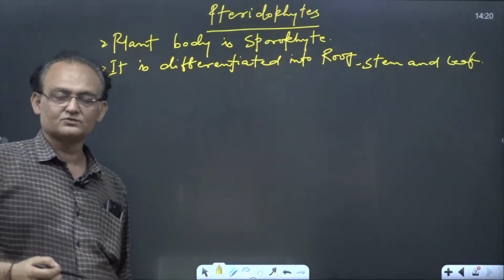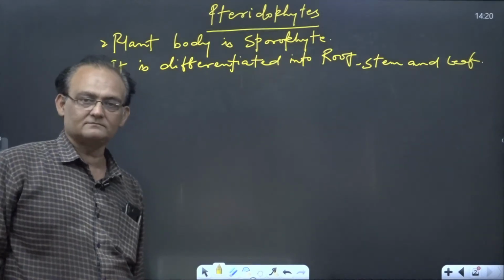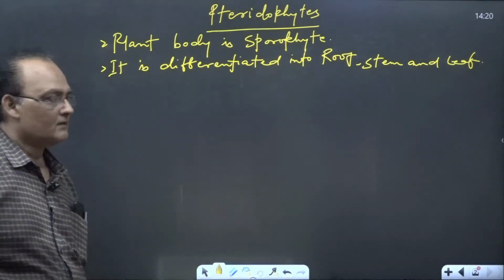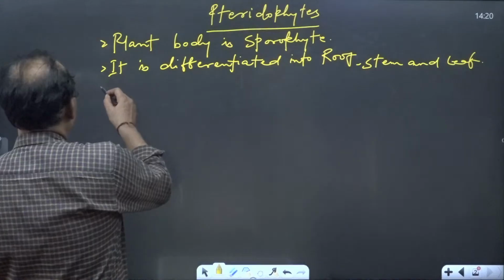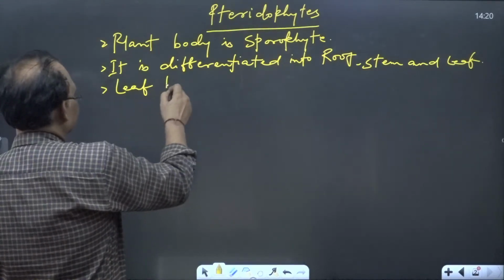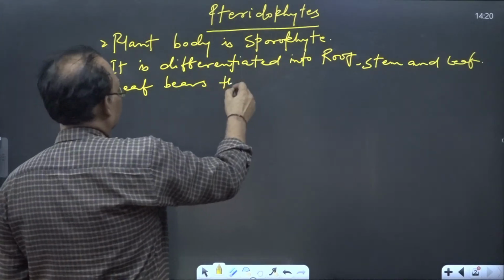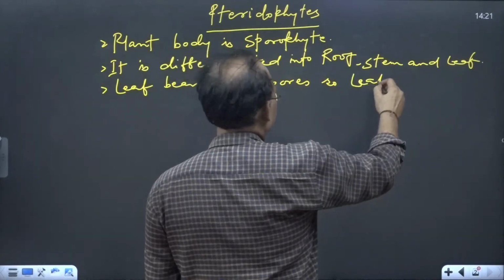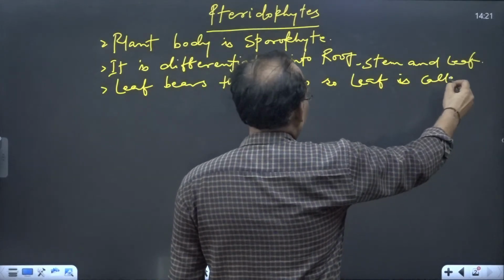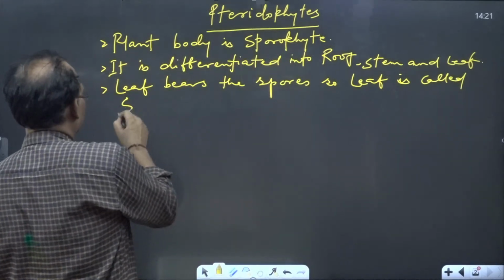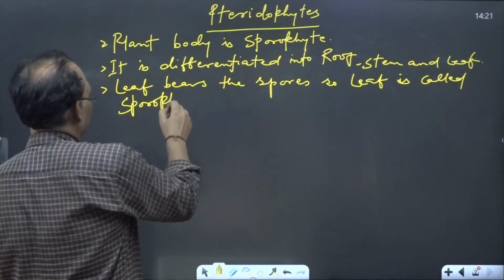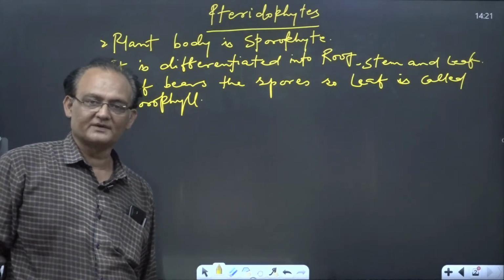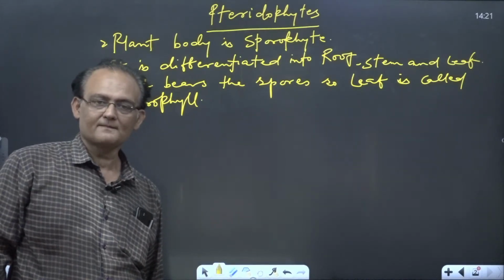The leaf bears the spores. So the leaf is called sporophyll. Spore bearing leaf is called sporophyll.